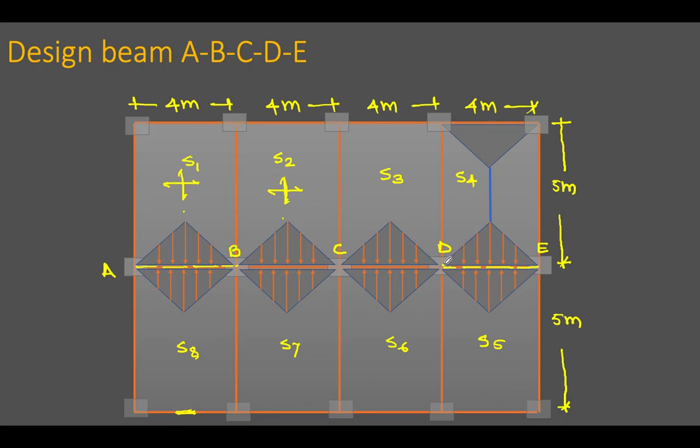From the corner we have to mark a line at an angle of 45 degrees. From this corner also we mark a line at an angle of 45 degrees. These will meet somewhere, and now this becomes a triangle.